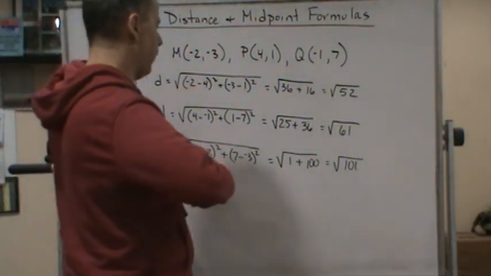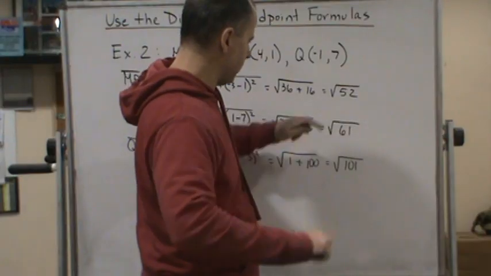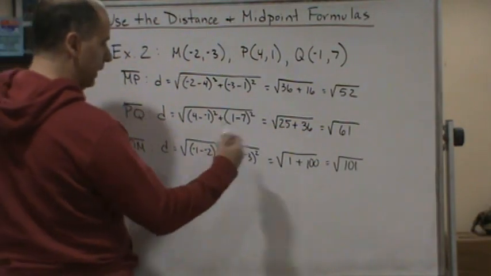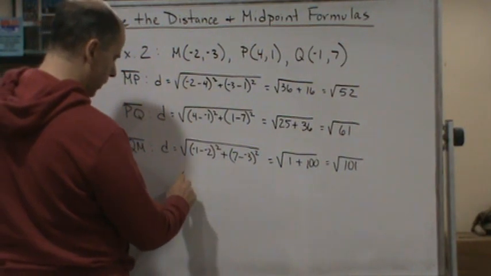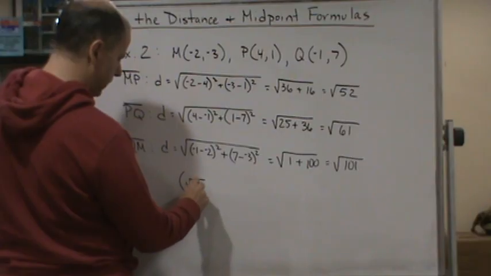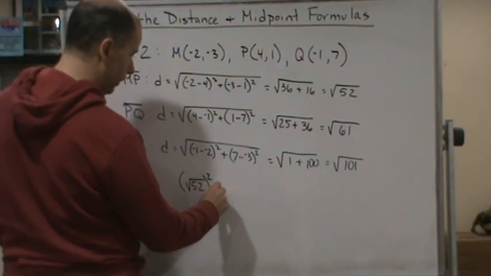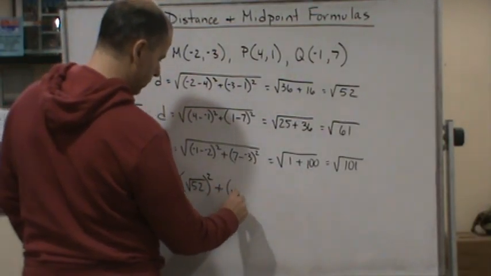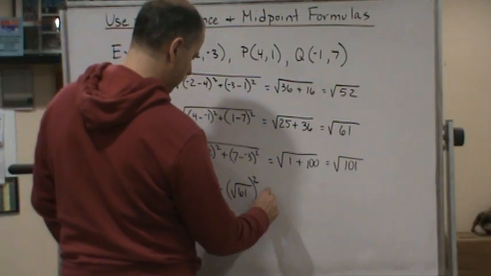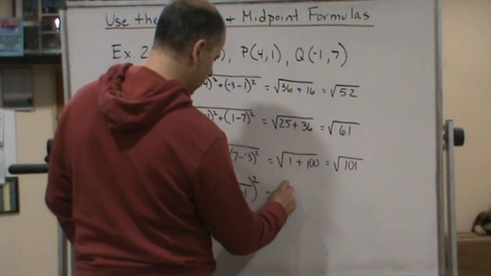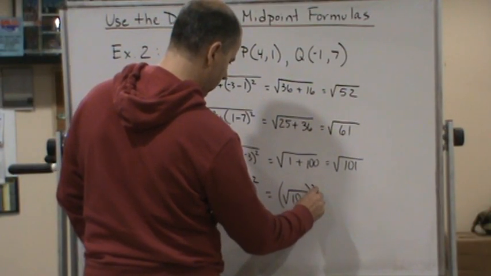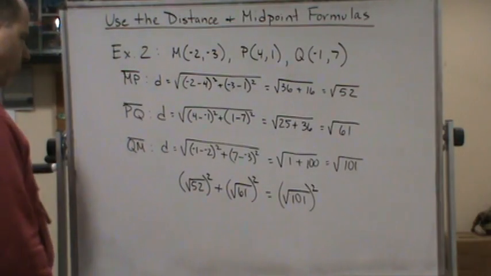Okay? So now if we take all three of these distances, so this is leg 1, leg 2, and the hypotenuse, and put it into the Pythagorean theorem. So we're going to do the square root of 52 squared plus the square root of 61 squared equals the square root of 101 quantity squared.